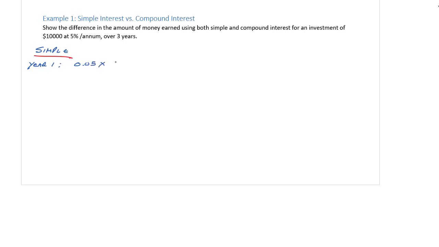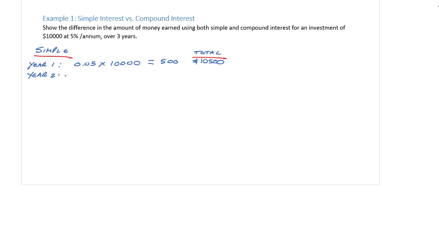We're going to multiply that by the amount of money, $10,000. And when we do that, we're going to earn $500 interest, right? So how much do we have at the end of the first year? We'll put a little total column here. So if we take that $500, add it to our $10,000, at the end of the first year, we have $10,500.